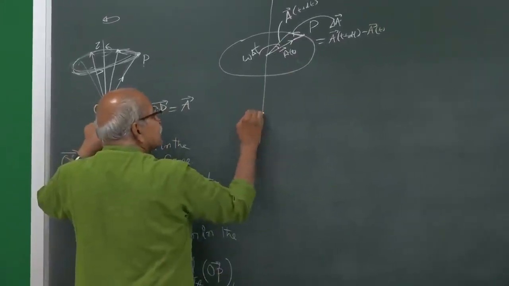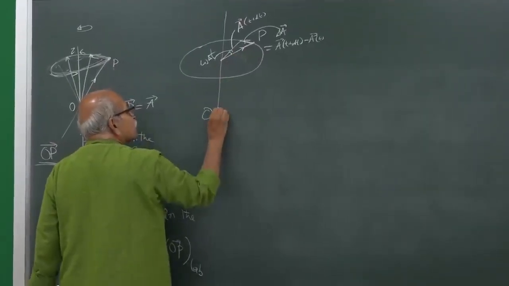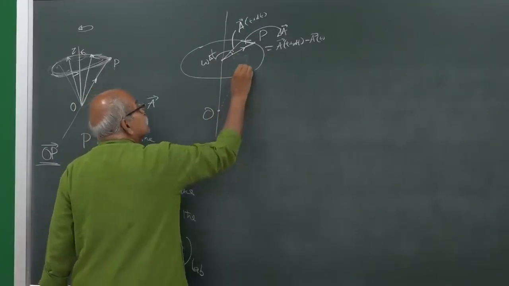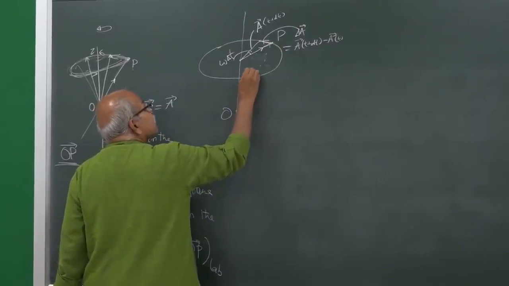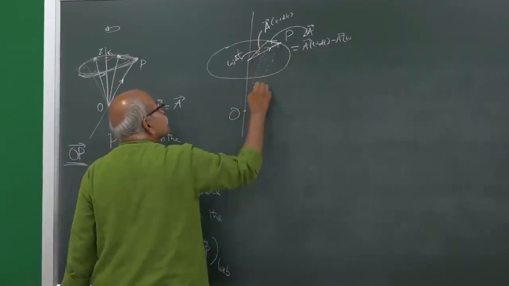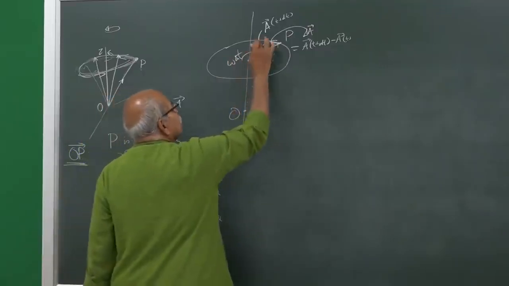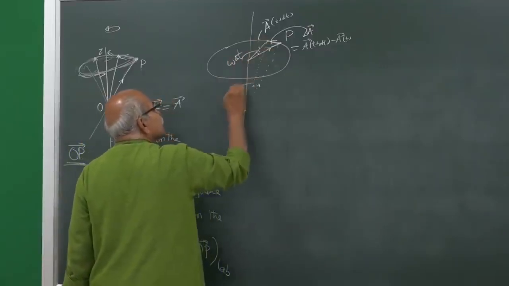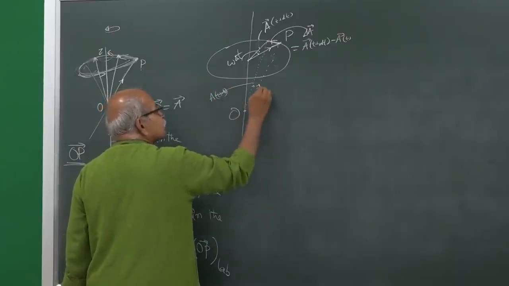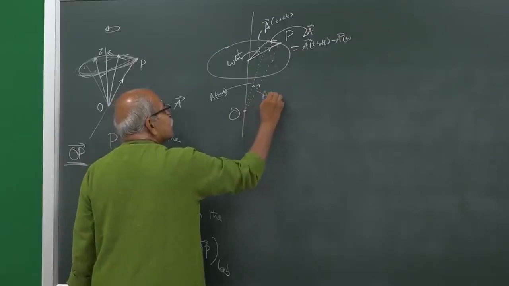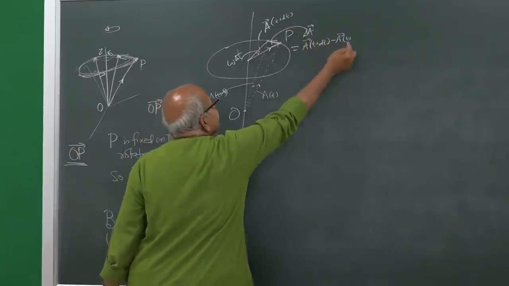Remember, our origin is here, so this is not actually the A vector; this is the A vector, OP, and this is A at time t plus dt. But nevertheless, things will not change much. This is A at t plus dt, and this is A at t.